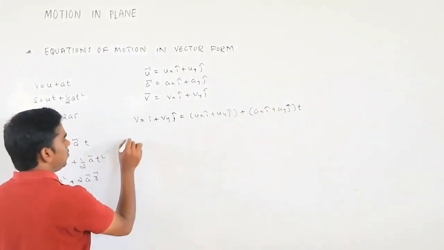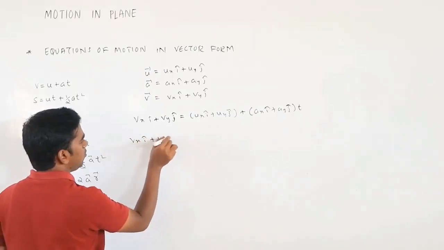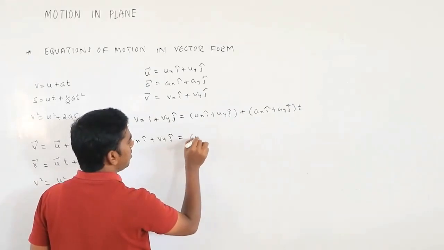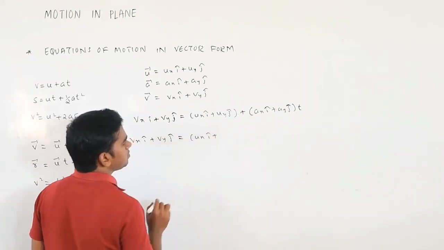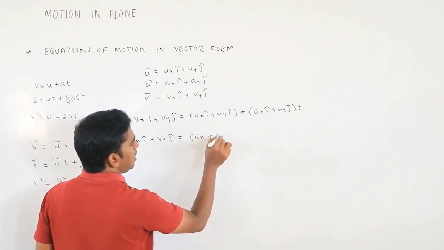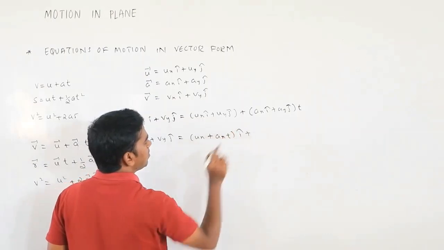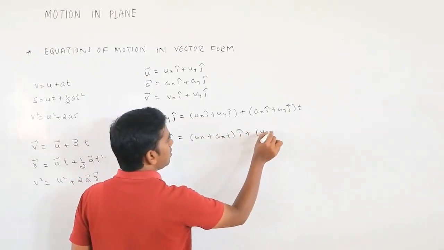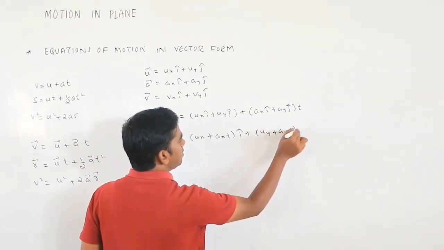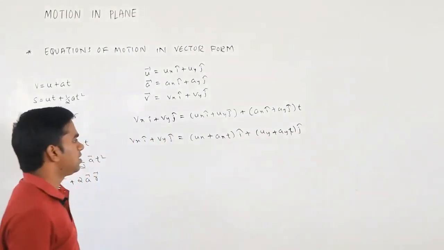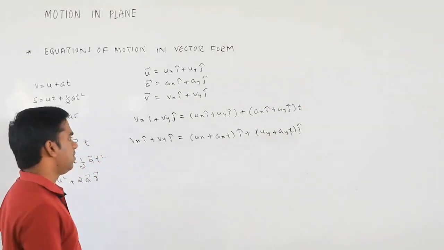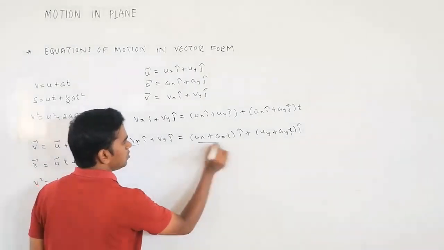Make i's on one side, so this will become ux plus ax into t i cap plus uy plus ay into t j cap. So you got this in terms of i cap and j cap, where you can equate their respective coordinates.